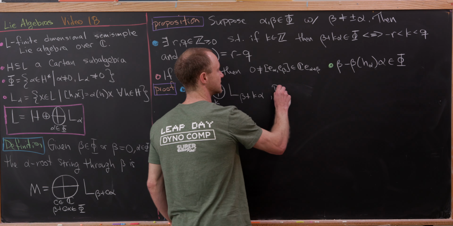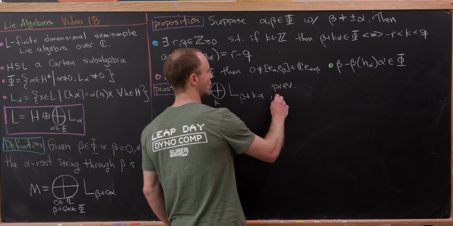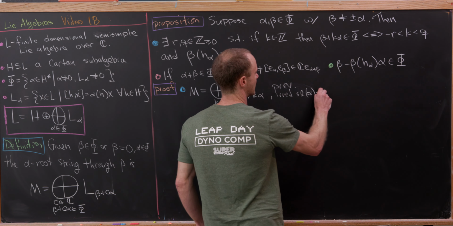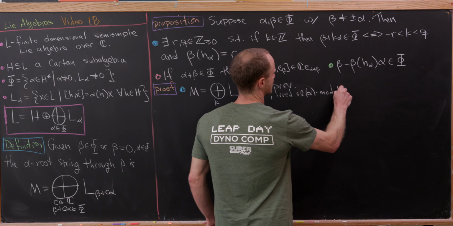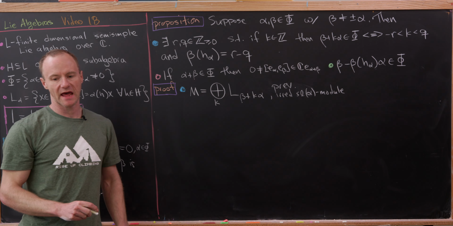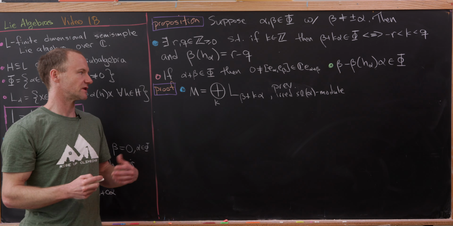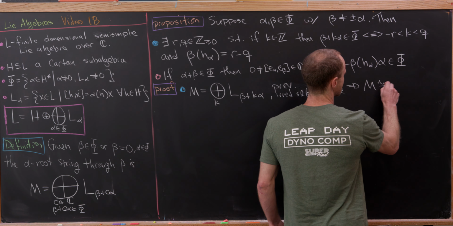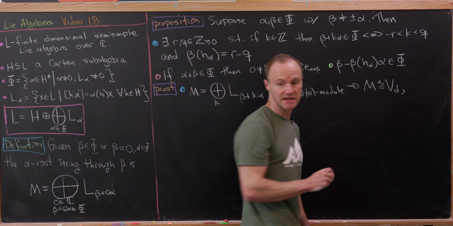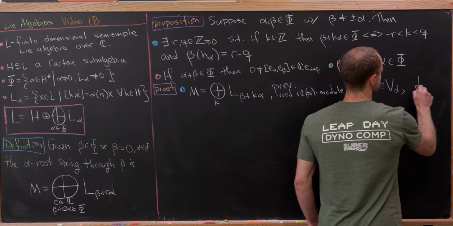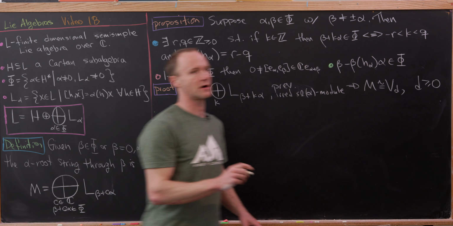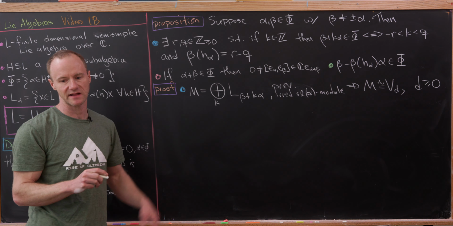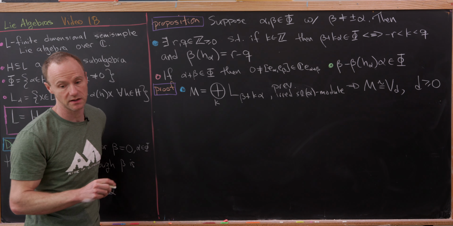Now, previously, maybe not today, we showed that this is an irreducible SL alpha module. But then as an SL alpha module, if it's irreducible, what does that mean? That means that this M is isomorphic to V_D for some D which is non-negative. Recall that that was our classification of SL2 modules. And remember, SL alpha is isomorphic to SL2.